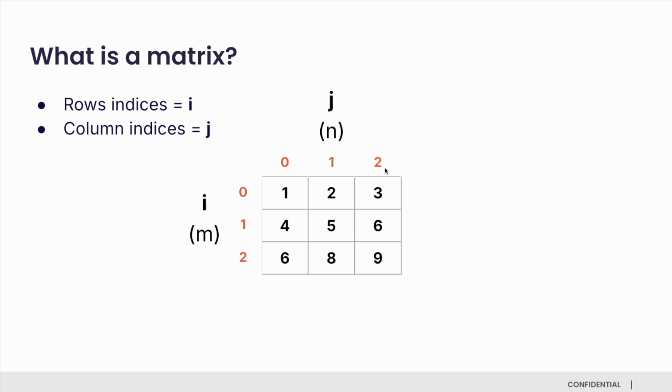So when we refer to an element in the matrix, we use a combination of the row and column indices. For example, the number 1 is located at position 0, 0, which means it's in the first row, i equals 0, and it's in the first column, j equals 0. Whereas the number 5 is going to be in the position 1, 1. It's in the second row, i equals 1, and the second column, j equals 1.